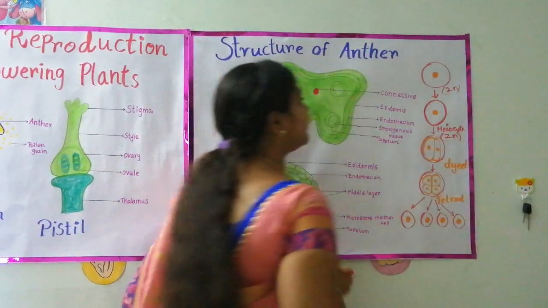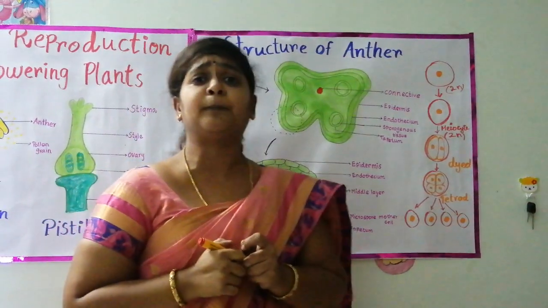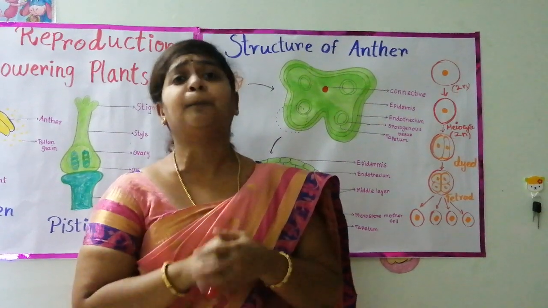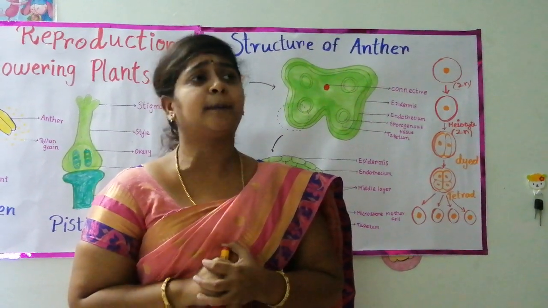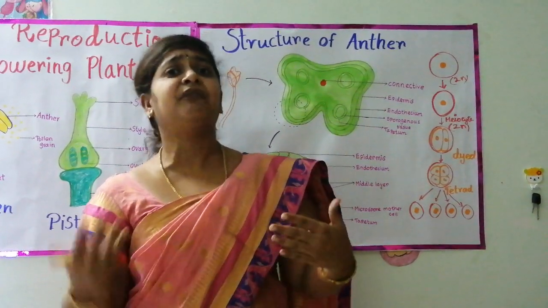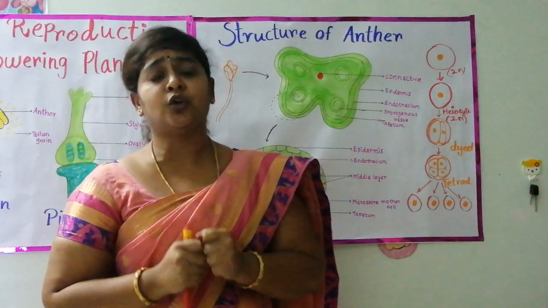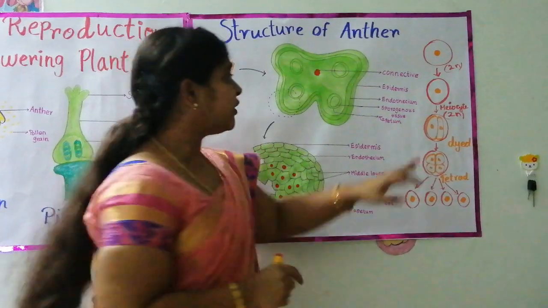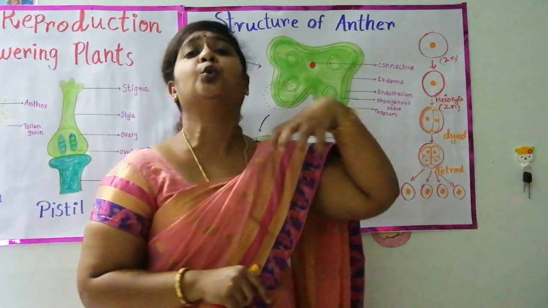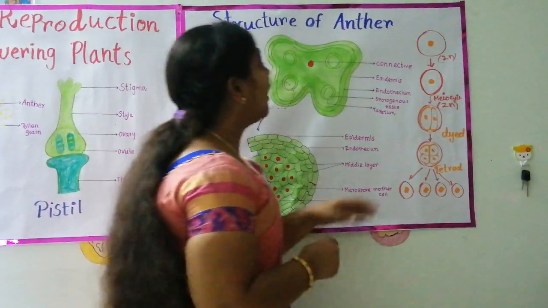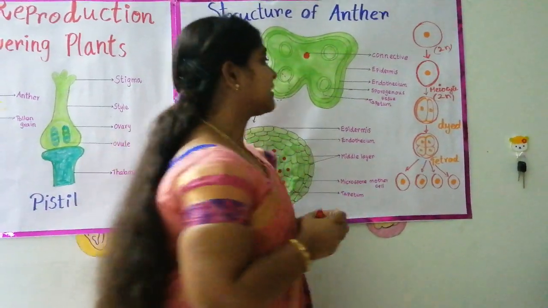The spores are diploid, and the meiocyte is also diploid. So we don't need a diploid cell. Why don't we need a diploid cell? When the male and female gametes fuse together, only then can we get the zygote. The zygote is diploid, so we need to reduce the number of chromosomes. So what kind of cell division takes place here?